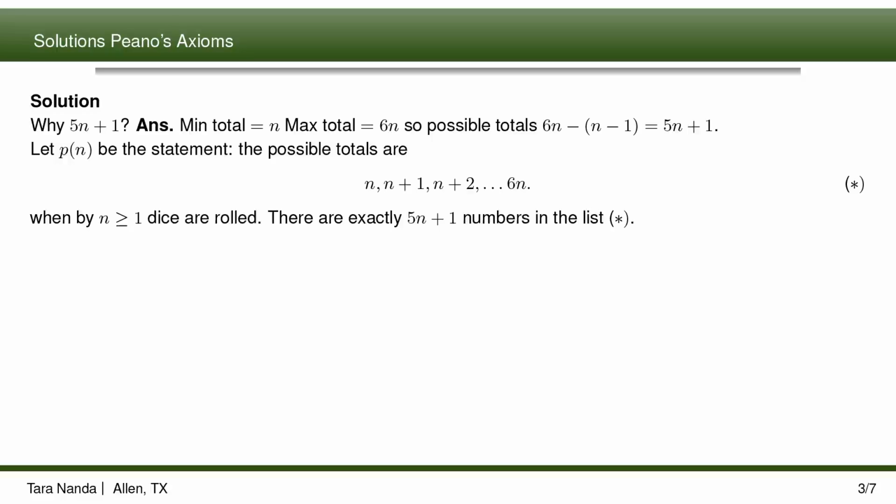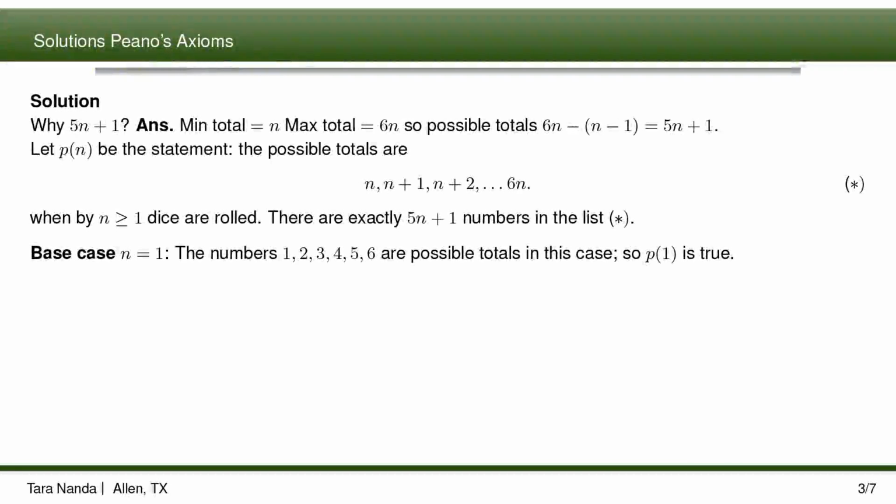There are exactly 5n plus 1 numbers in the list star. Base case, n equals 1. The numbers 1, 2, 3, 4, 5 and 6 are possible totals in this case, so P1 is true.